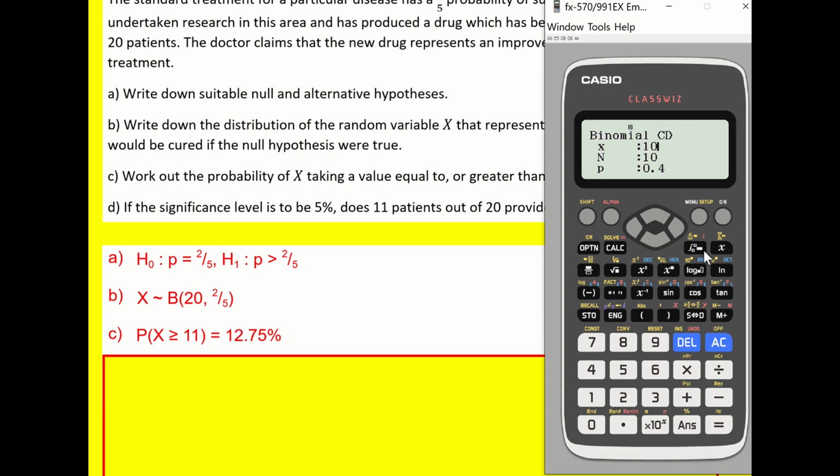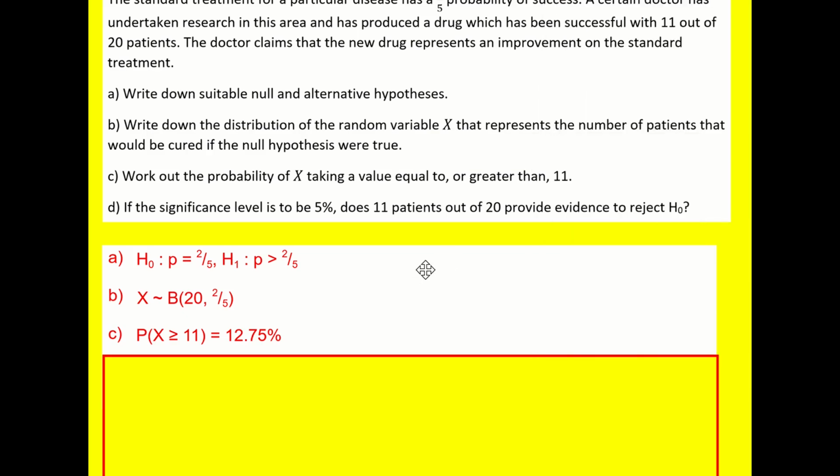That will leave us 11 and above. So if we look at our 20 trials, and then the probability is 2 over 5, which is 0.4, then we get 0.8724, but we need to do 1 minus that, and there we have it, 12.75%. Just a reminder about that.